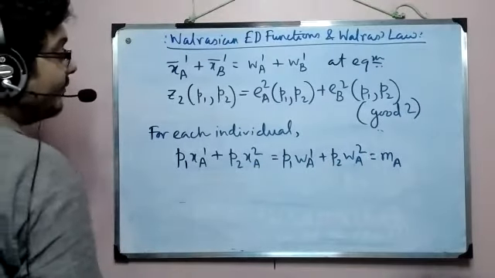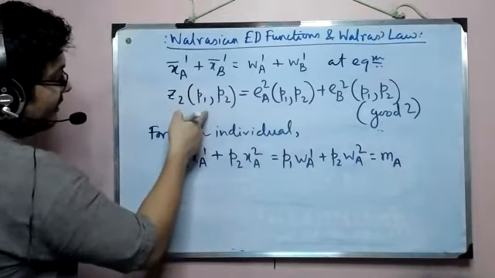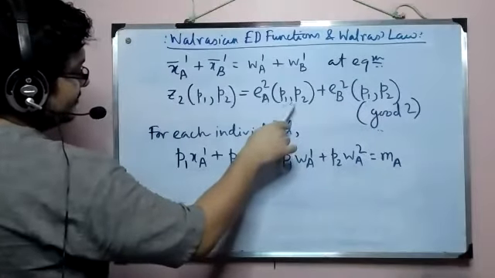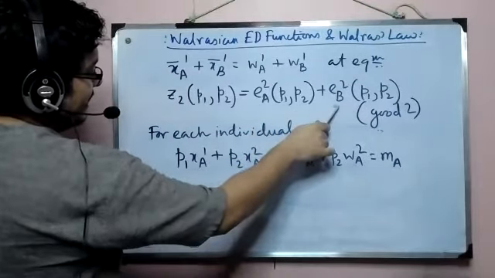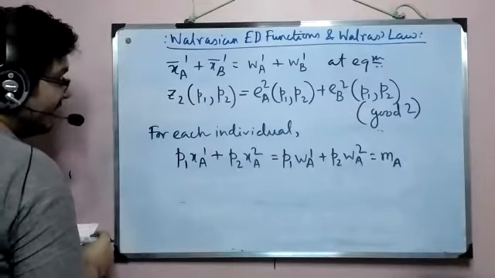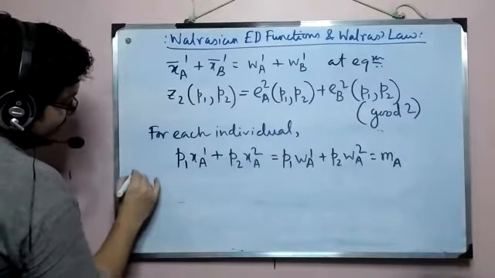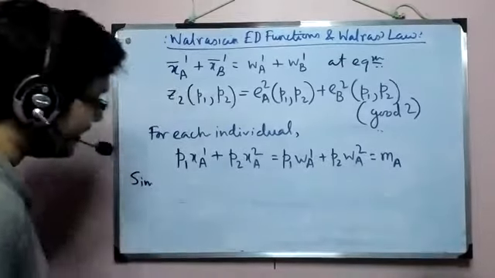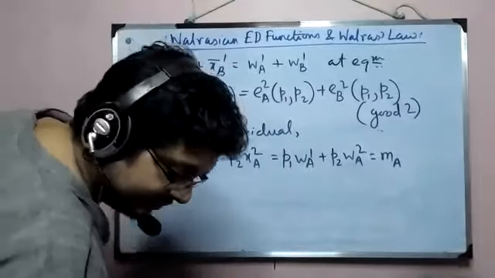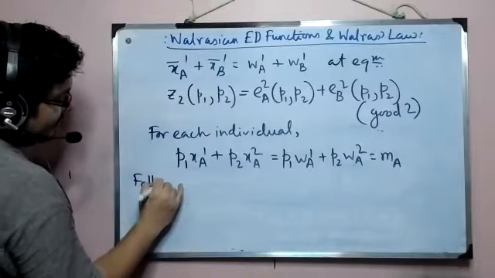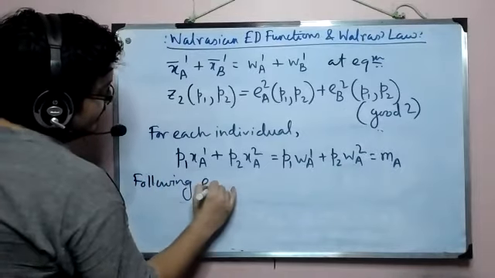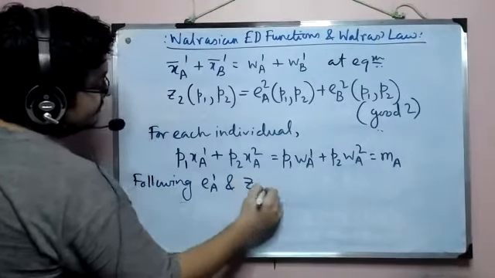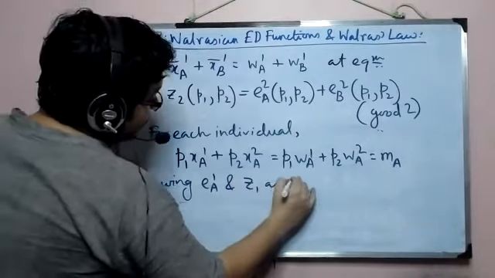All right, now following this excess demands notation for each of the individuals, and following this capital Z notation, I'm not going into the details, so I'll write like this, following EA1 and Z1 and so on.